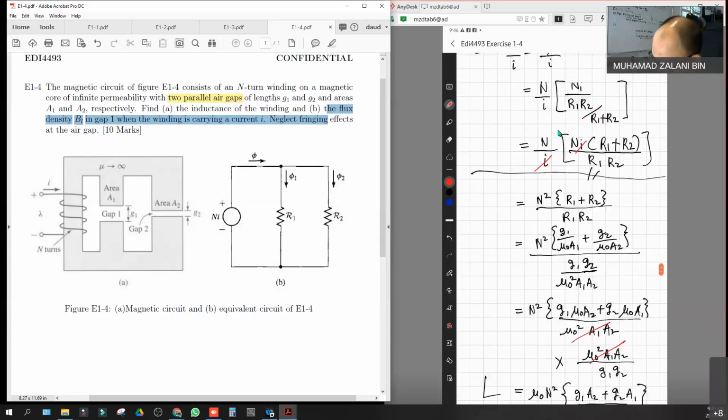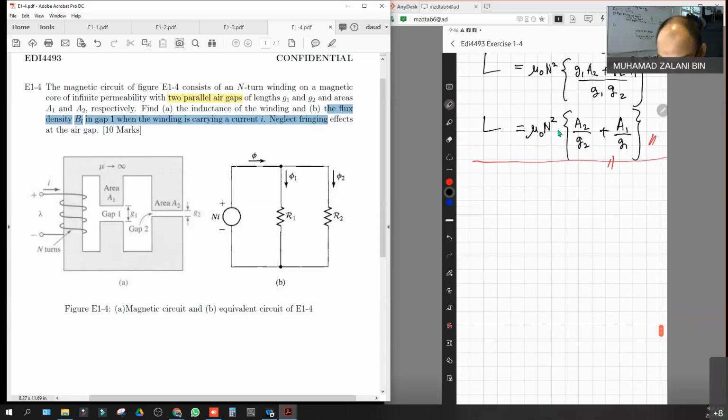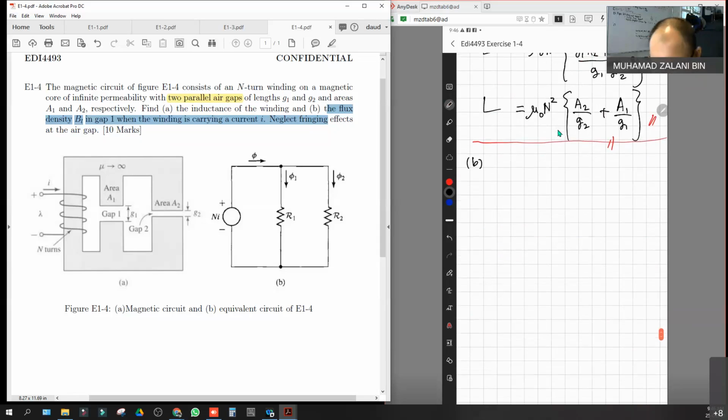Now I'm going to proceed to find B1, in gap 1, when the winding is carrying current I. All variables, no values, no numbers here, all variables.